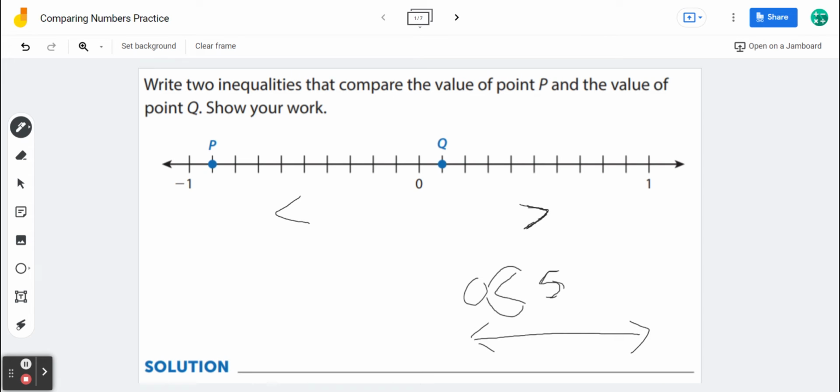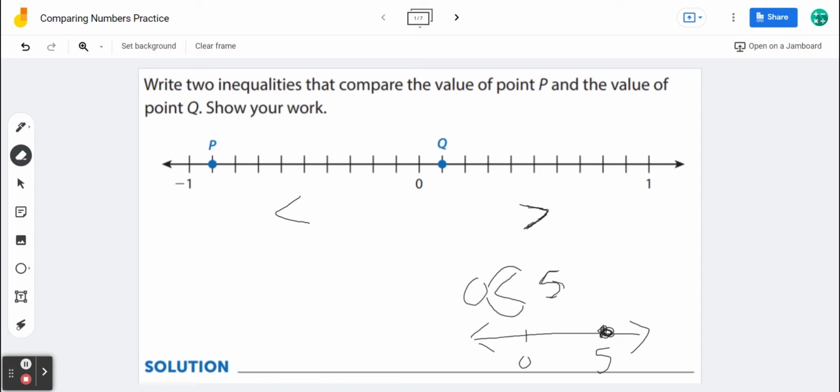On a number line, 5 is further right than 0. That's why Pac-Man wants to eat the 5, because it's further to the right than 0. Notice that I'm not saying because 5 is bigger. I'm using specific language. Pac-Man wants to eat the 5 because it's further right than 0.